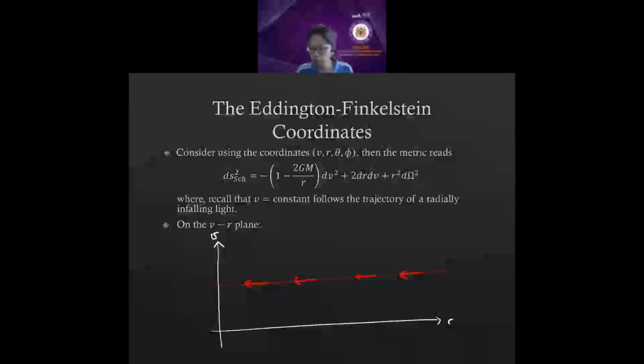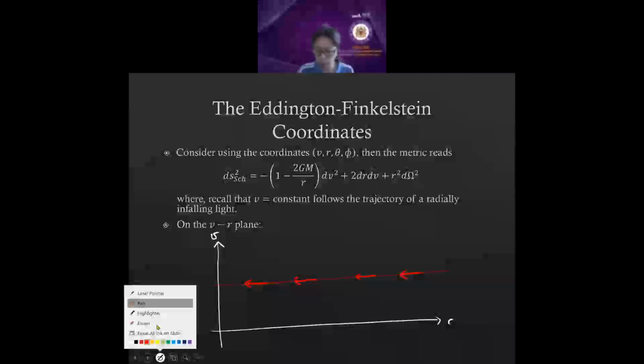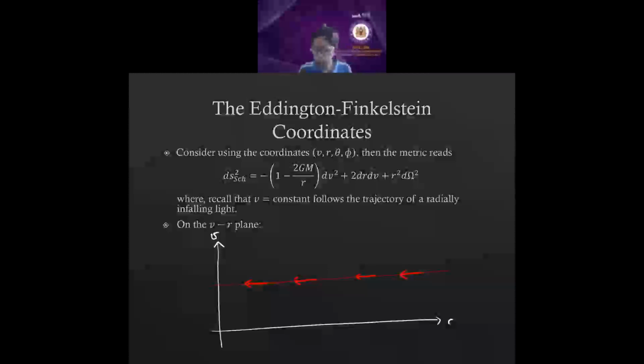Notice that now we no longer have that problem where the infalling light cannot cross that special surface. In fact, somewhere here is that special surface, r equals 2GM.